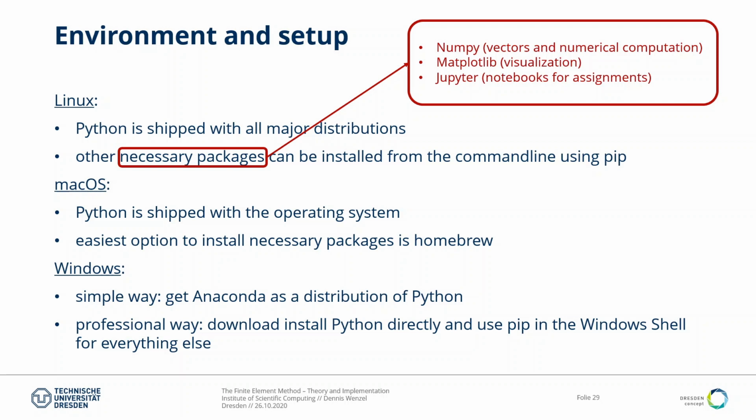Because this is a super simple and elegant solution, that's why we're using it for our assignments. We will essentially distribute one notebook per assignment, where the assignment tasks are already filled in, and the only thing you are left to do is fill in the code blocks. So those are the 3 essentials when I talk about necessary packages.